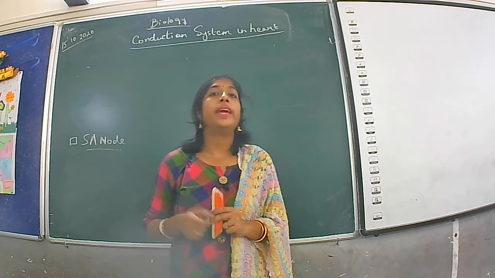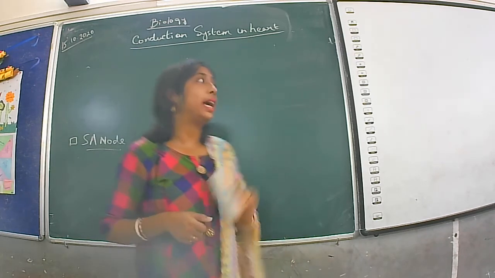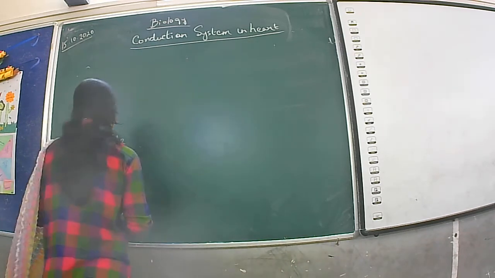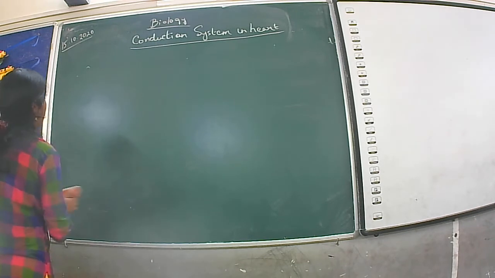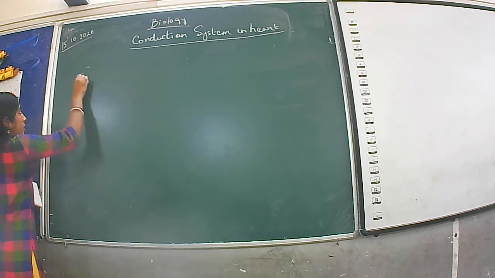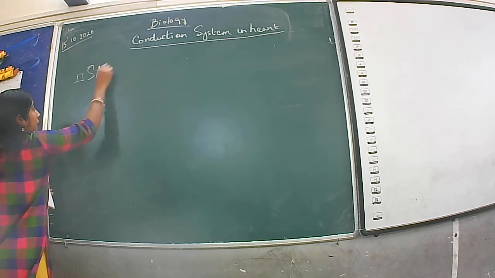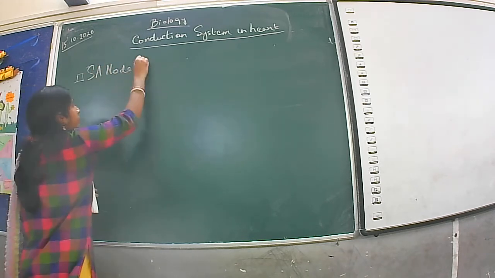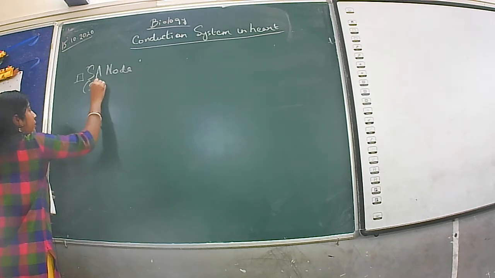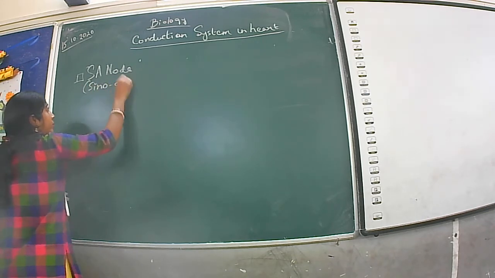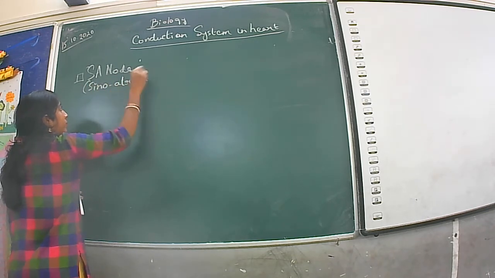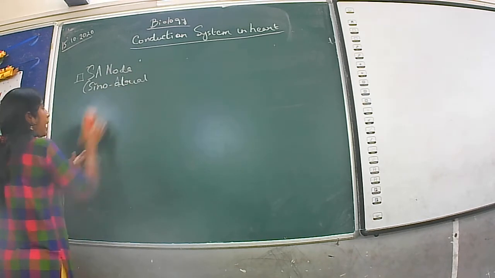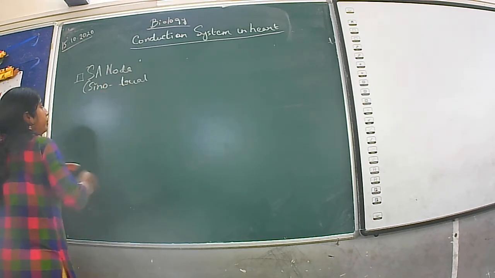You will be able to understand it better as I draw the diagram. First of all, let me write down the characteristics. As I have said, SA node is the sinoatrial node. You can write it down in caps.